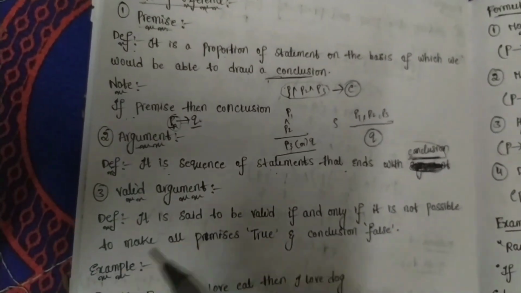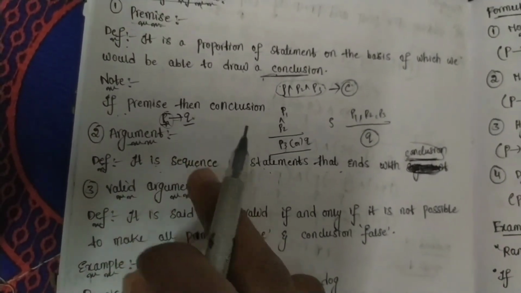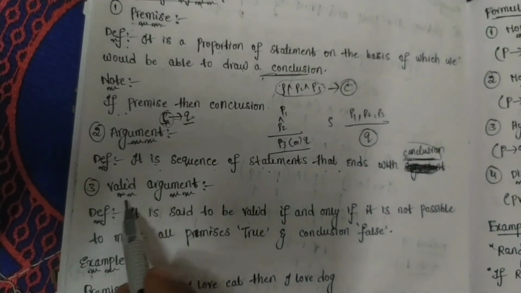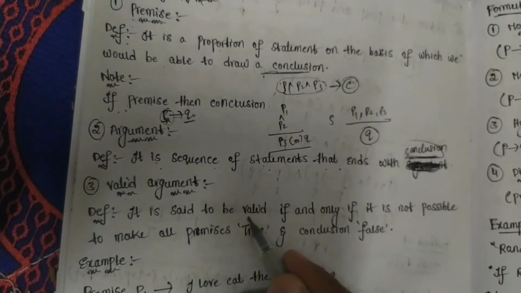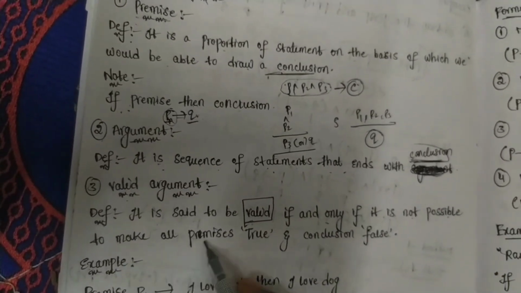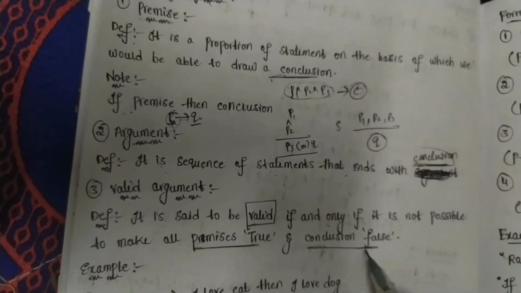Then what is a valid argument? Between argument and valid argument there is some difference. A valid argument means it is said to be valid if and only if it is not possible to make all premises true and the conclusion false.